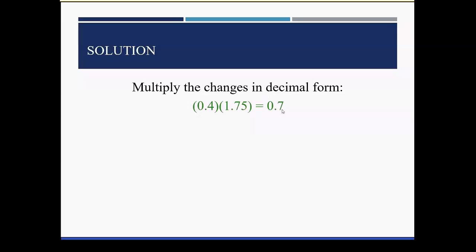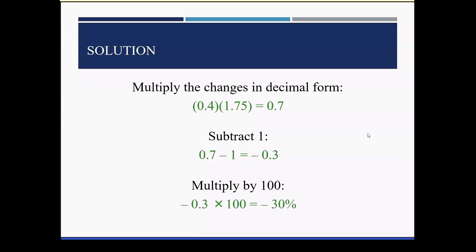Your stocks are actually worth 70% of what they used to be. When you subtract 1, that tells you what it changed by. That means that we actually lost, the negative is a loss, we actually lost 30%. We are not 15% ahead, we are 30% below, and that stockbroker needs to be fired.